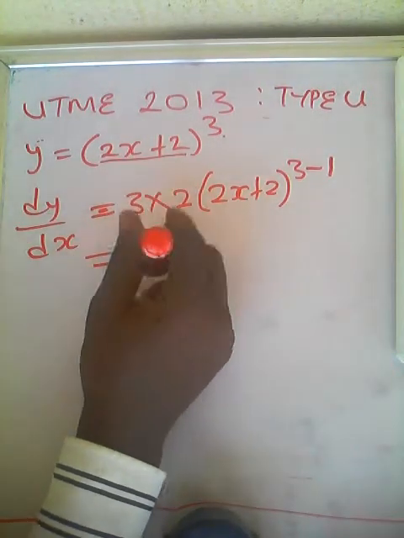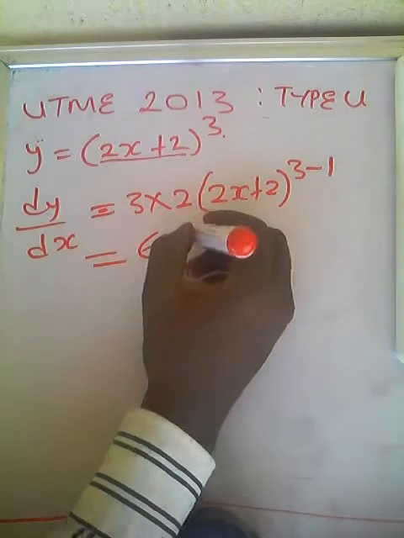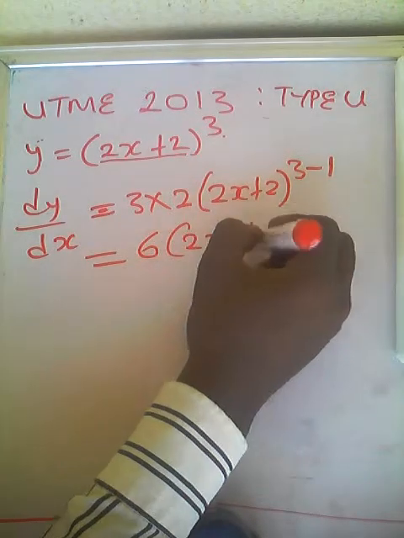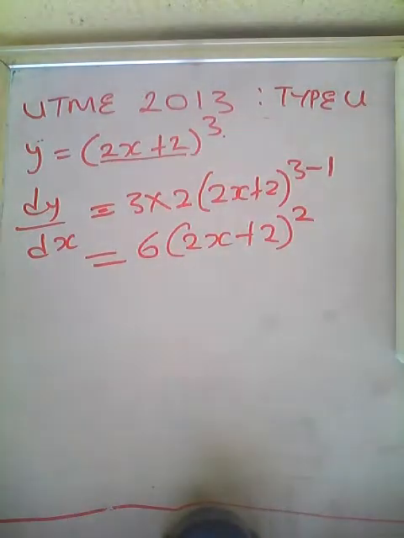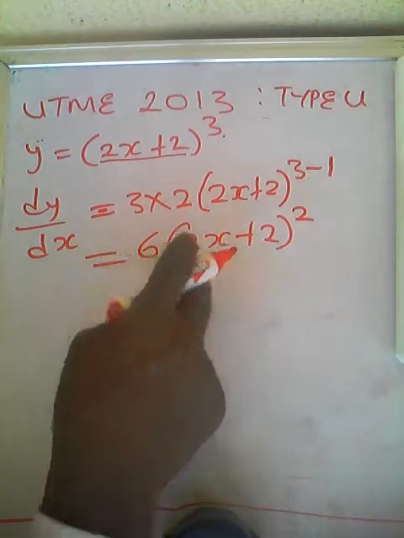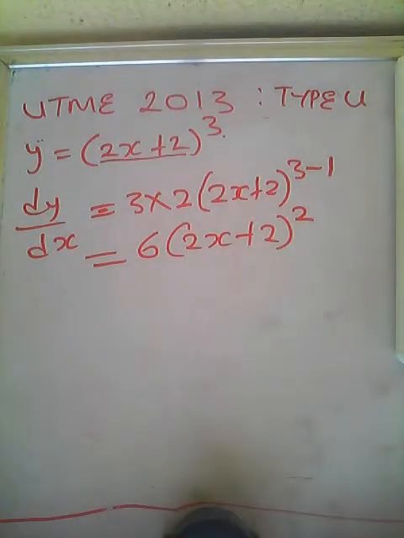So 3 times 2 is 6, then we have (2x + 2) to power 3 minus 1, which is 2. According to this paper type, the correct option is option B, which gives exactly 6(2x + 2)^2.